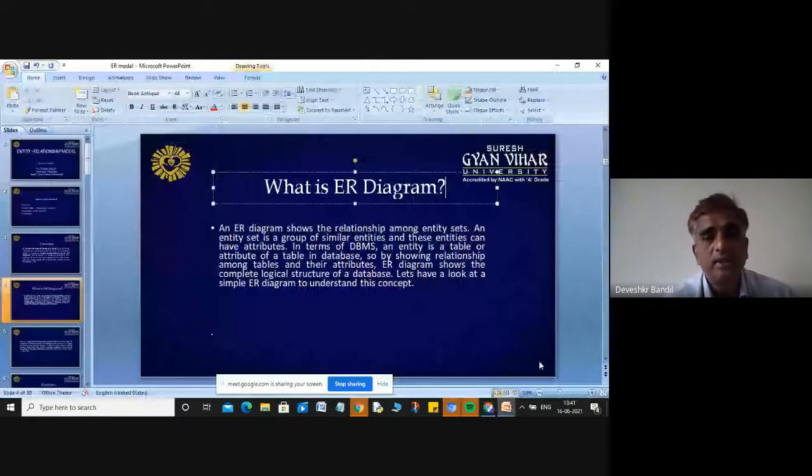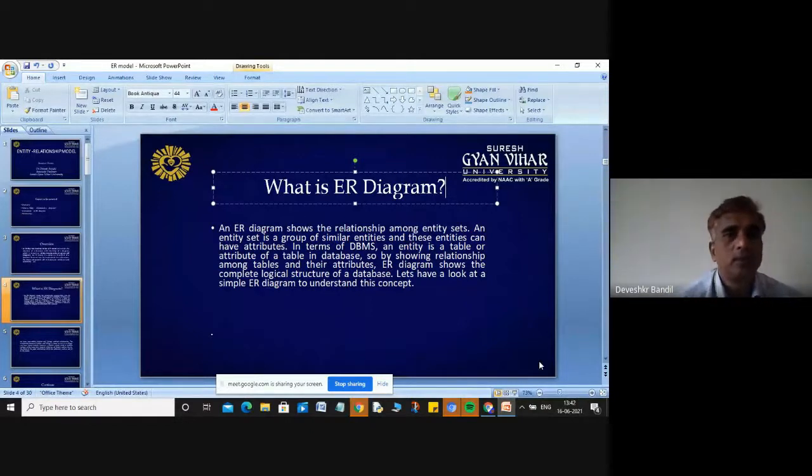An entity is a table, and an attribute is a column of a table in your database. So, the ER diagram shows a relationship among tables and their attributes, like the columns of a table. Suppose you have a student table.